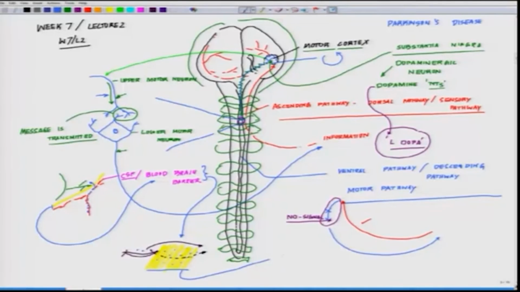These glucose transporter molecules help in ferrying the glucose from blood to neuron or to brain.